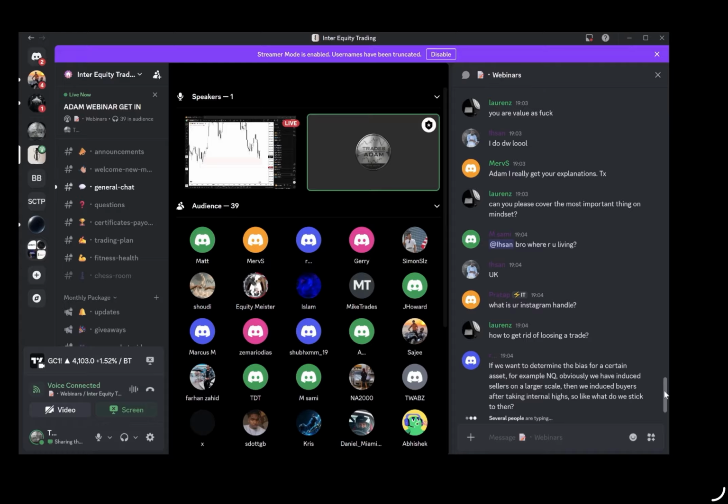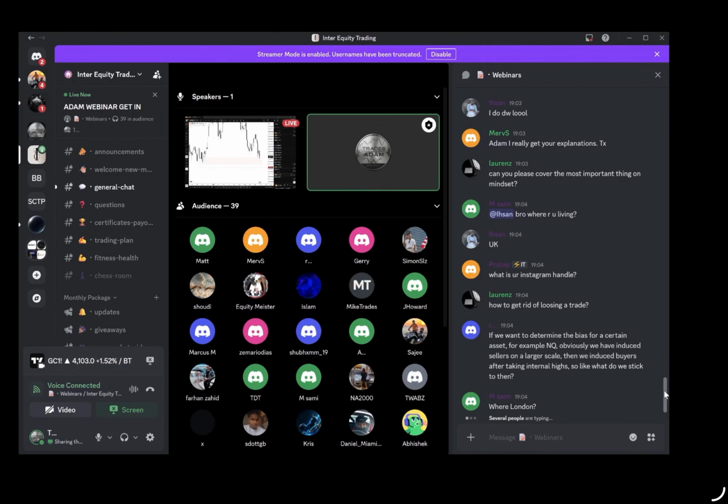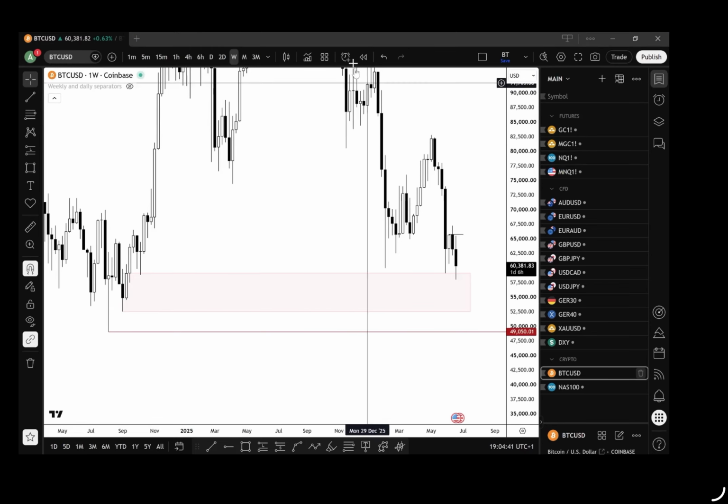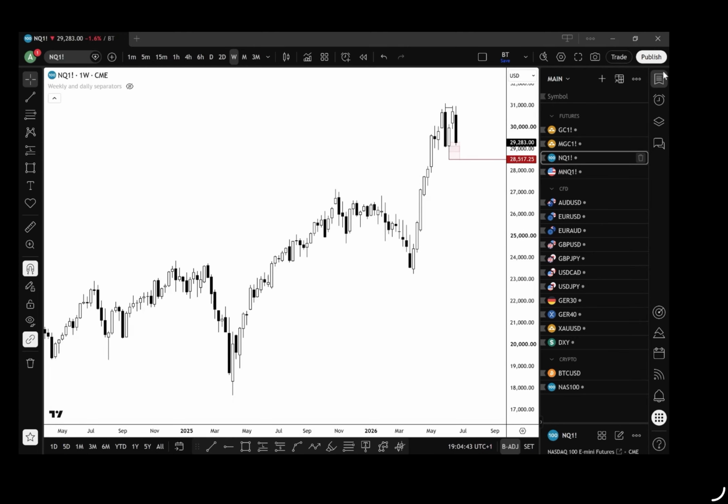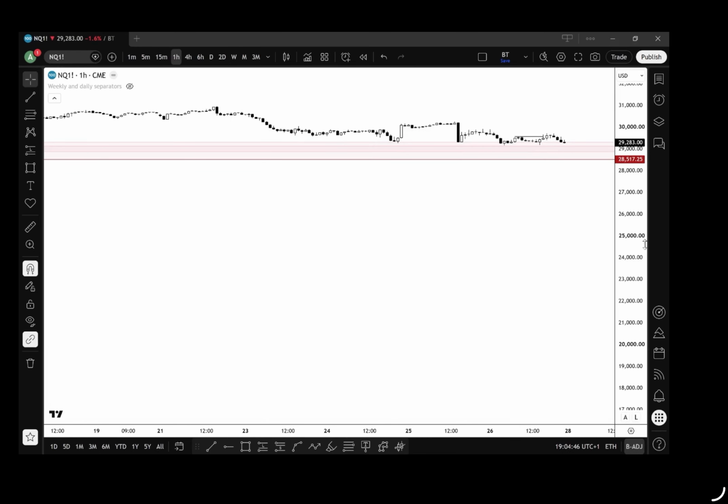If we want to determine the bias for a certain asset, for example NQ, obviously we have induced sellers on a larger scale, then we induced buyers after taking internal highs. So what do we stick to then? That's a very good question. Here's a perfect example.